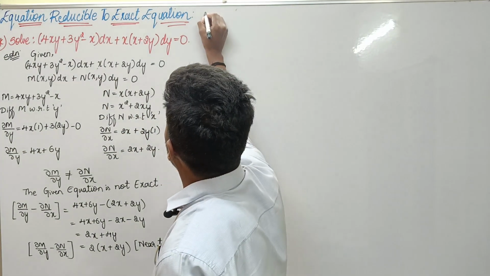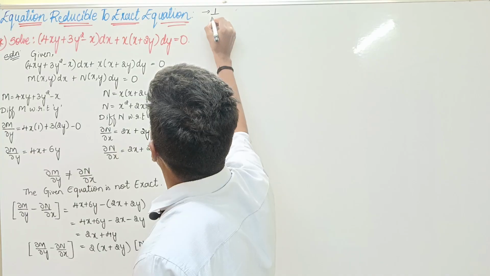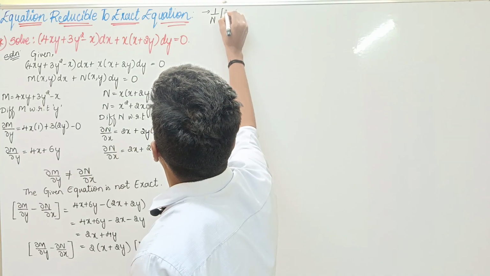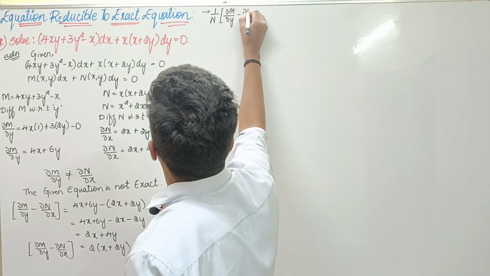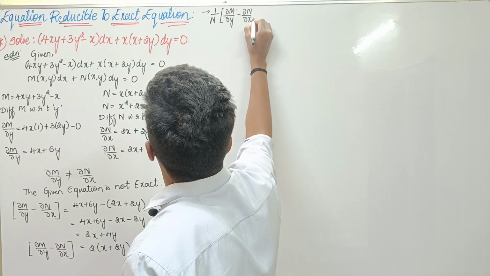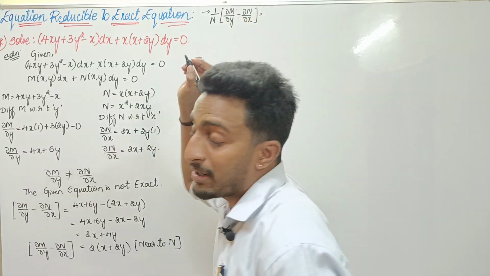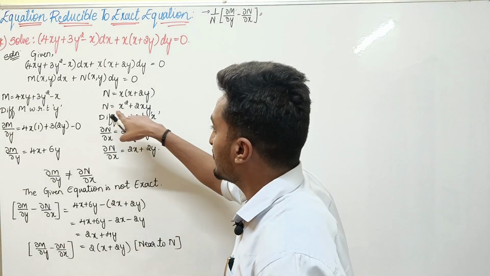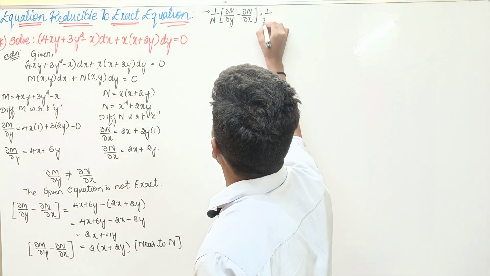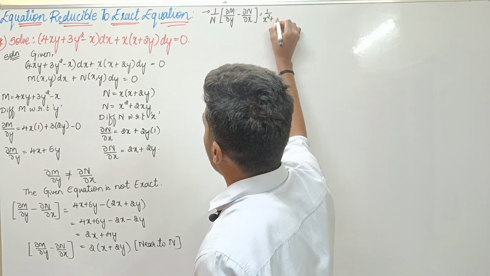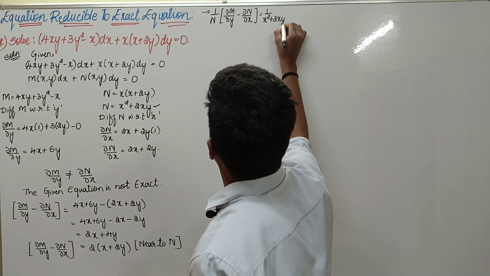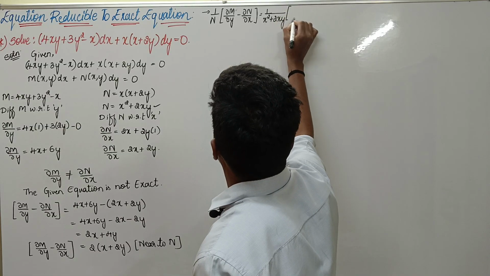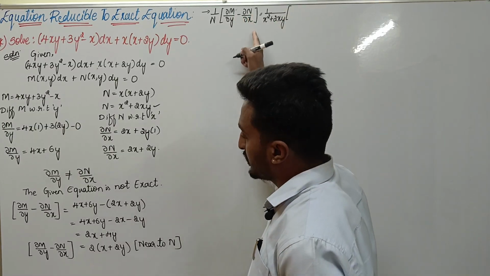The next step is 1/N into (∂M/∂y minus ∂N/∂x). Then what does 1/N represent? 1/N represents 1/(x² + 2xy), into, what is ∂M/∂y minus ∂N/∂x?